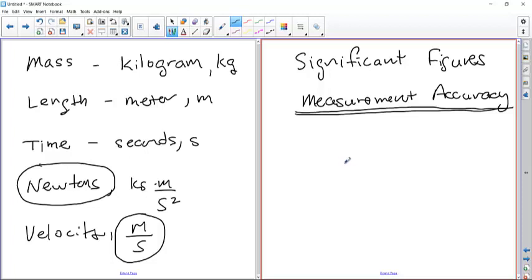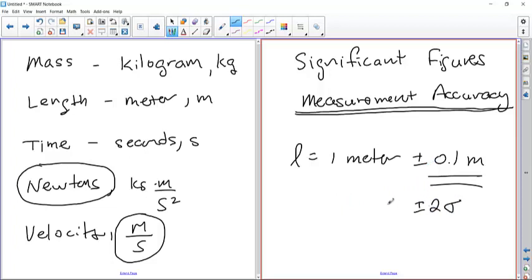And in physics, to be able to specify the accuracy, instead of saying something like the length is equal to 1 meter plus or minus 0.1 meters, which is what you may have done in statistics, this could be 1 meter plus or minus 2 standard deviations of the mean of this type of measurement, whatever technique we're using.